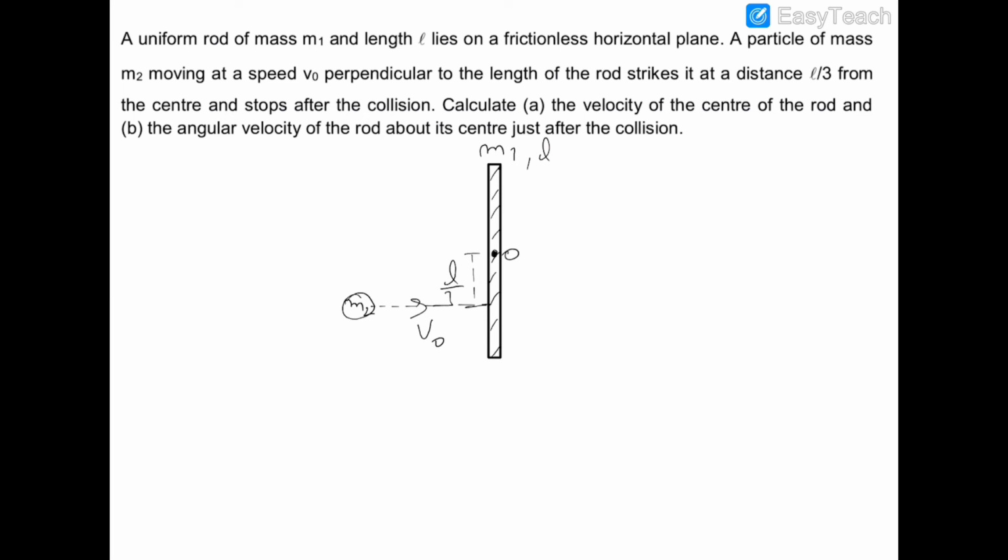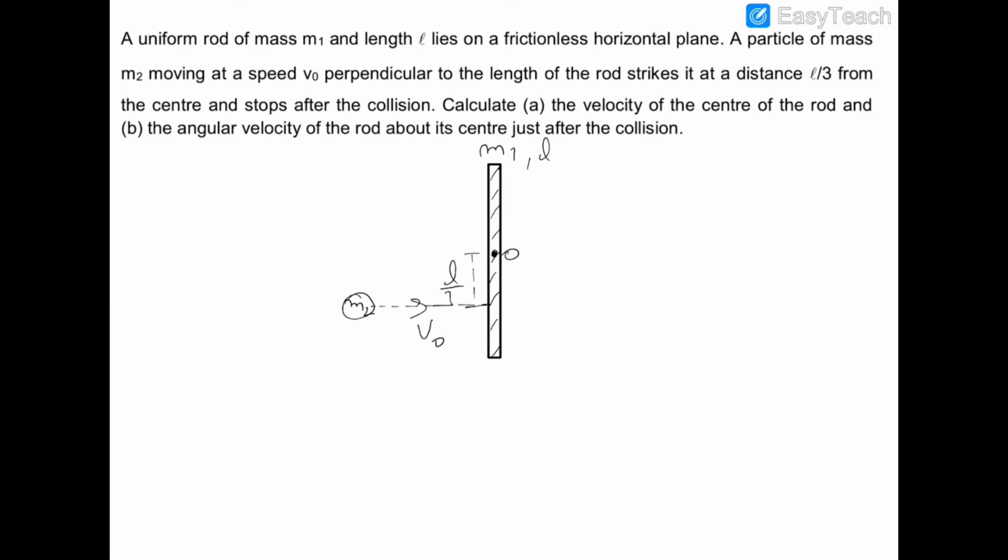Now we have to find out the velocity of the center of the rod as well as the angular velocity of the rod just after the collision, provided that it is mentioned in the question that this ball stops after striking the rod.